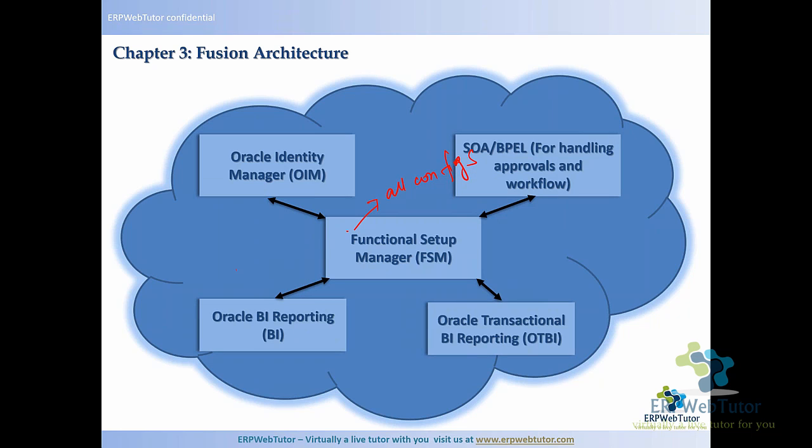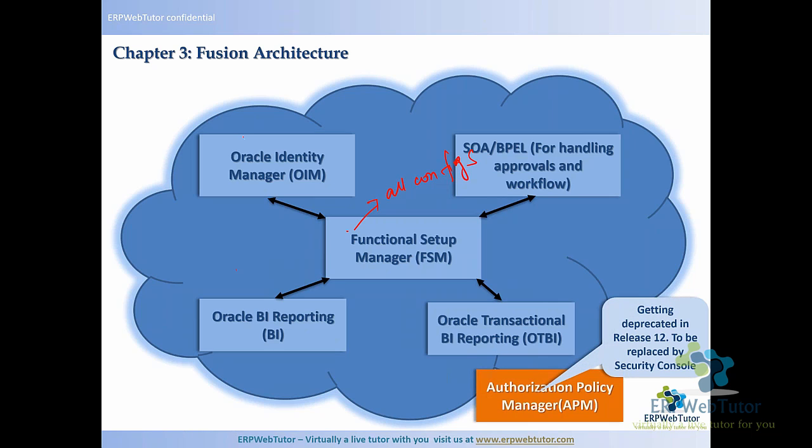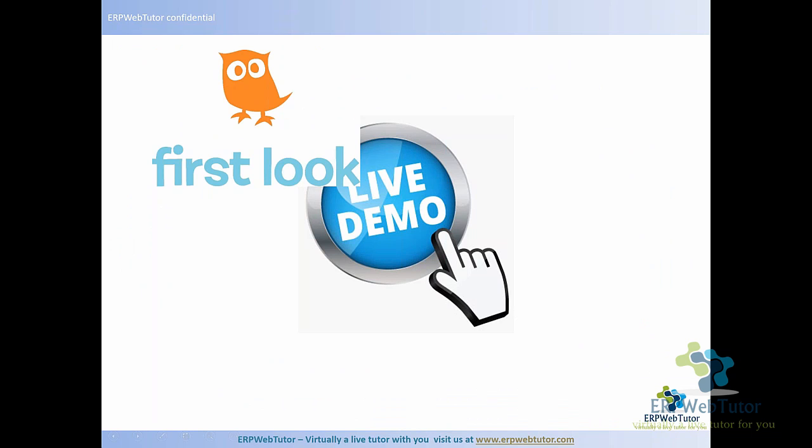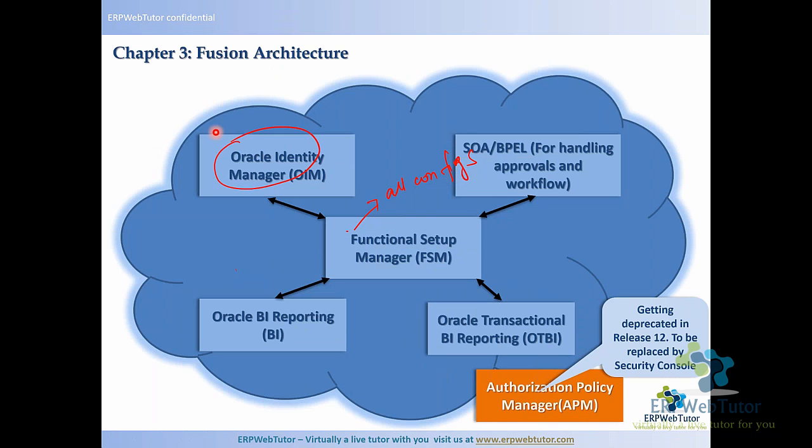These are completely different architecture or different components where the configurations reside. So your OIM, which is the Oracle Identity Management, was used primarily for hosting all the employee user accounts.